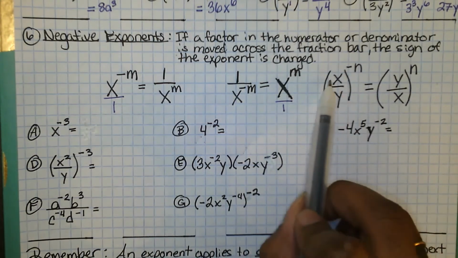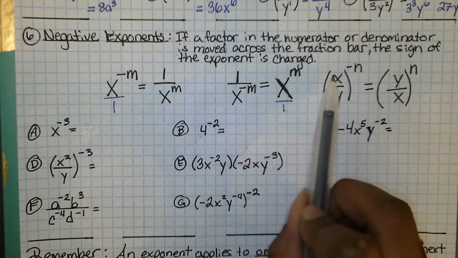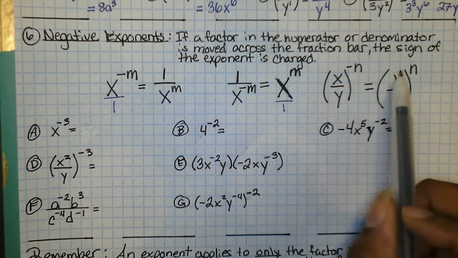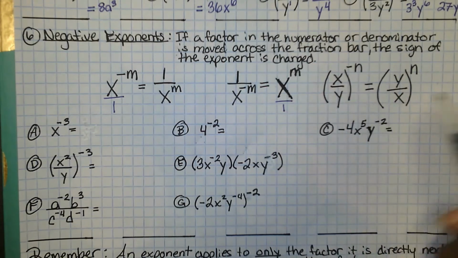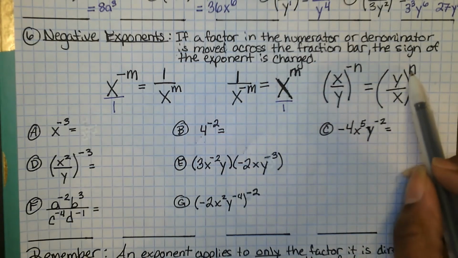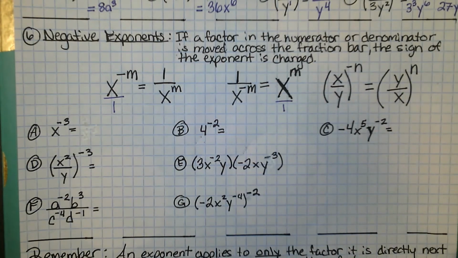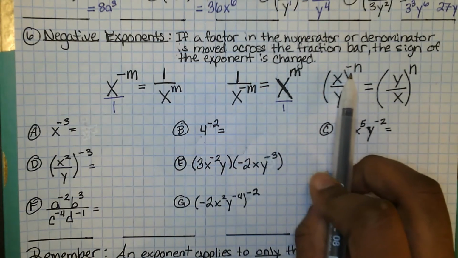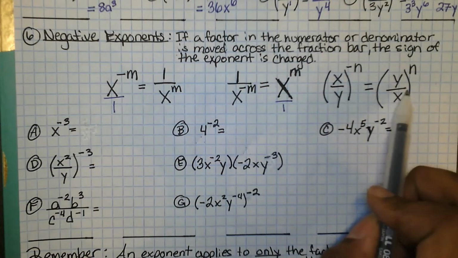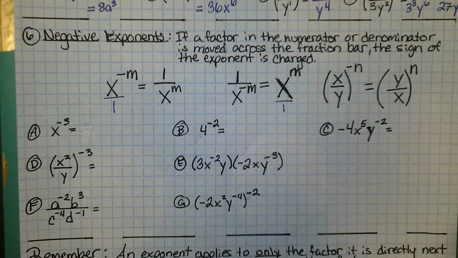And if you have a fraction that the whole thing is raised to a negative exponent, both of them are in the wrong spot. So you flip the fraction to make the exponent positive. If you notice, it was x divided by y when the exponent was negative, but now it's y divided by x, and now the exponent is positive. We want positive exponents as much as possible, okay?